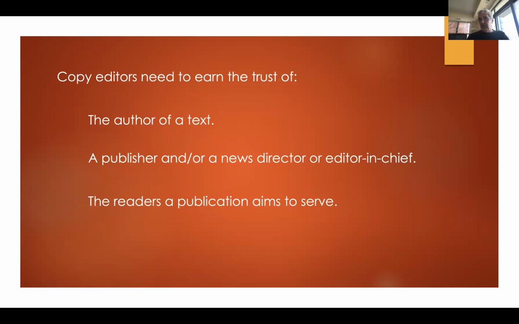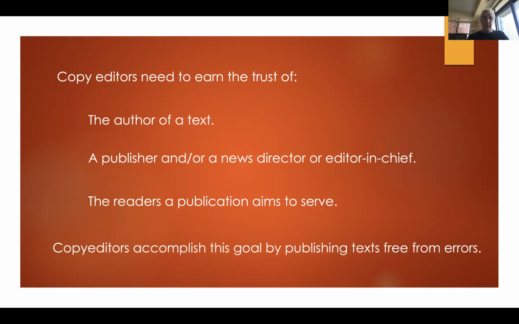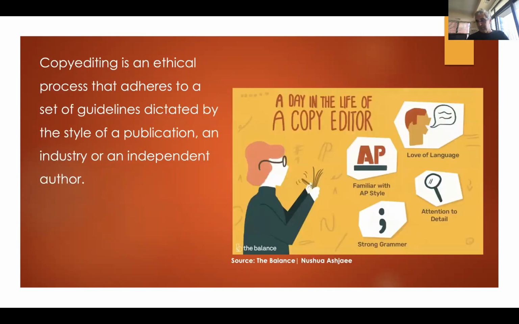One of the first teachings the copy editor's handbook points out, and something that I alluded to in the beginning of the syllabus, if you go back to it, is that these three groups of people share one common expectation, and that is an error-free publication. And the question is, how do you actually accomplish that? Well, in large part, we accomplish that through copy editing.